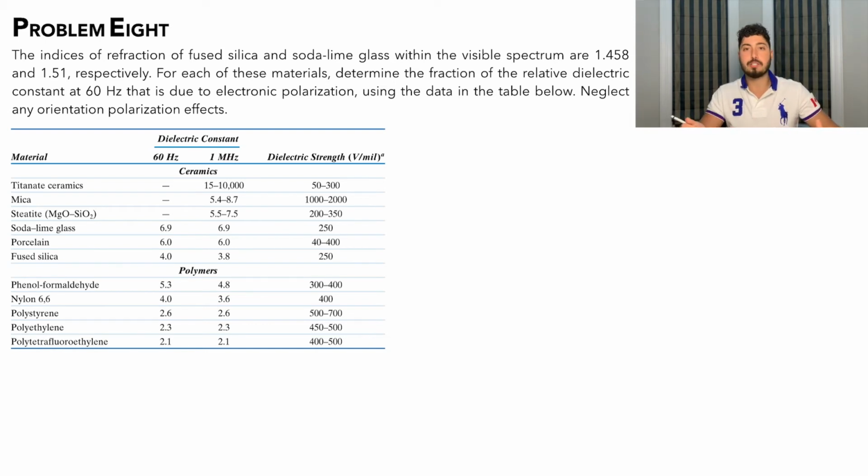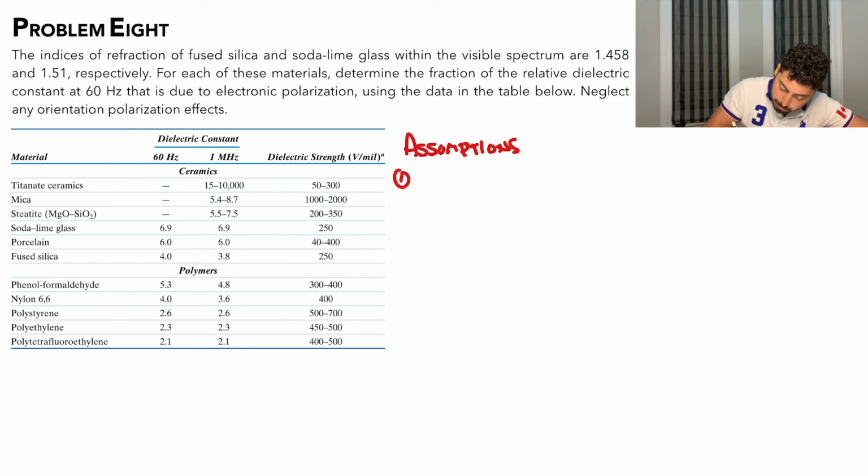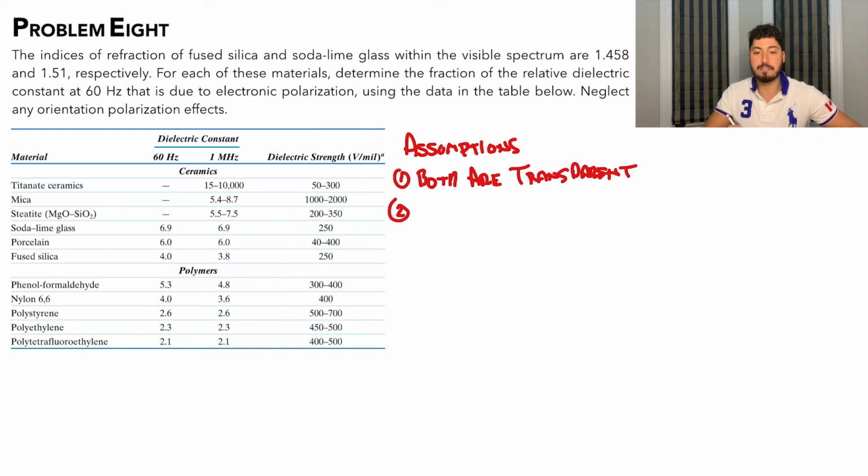So the first thing we need to do when solving this problem is state our assumptions. So our assumptions are as follows. Our first assumption is that both materials are transparent. And our second assumption is that they have a very low magnetic permeability, which is mu r approximately equal to 1.